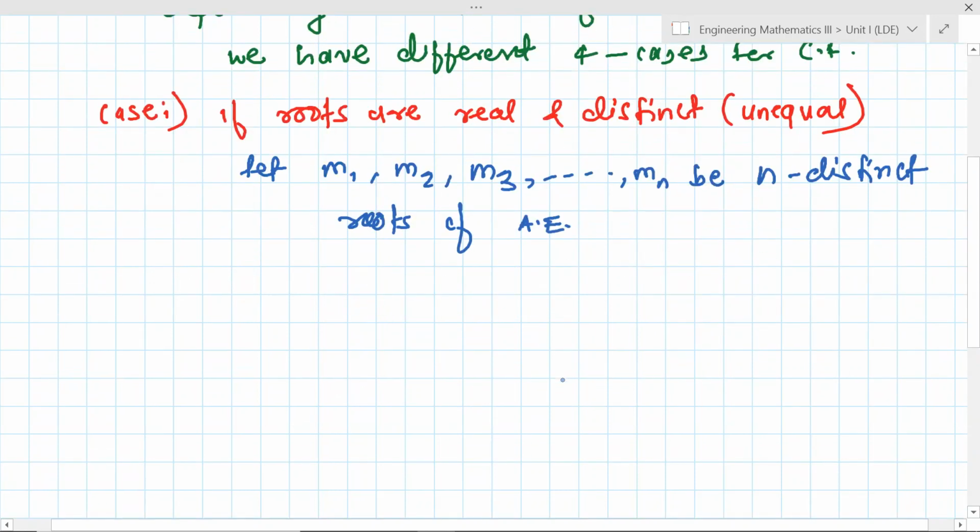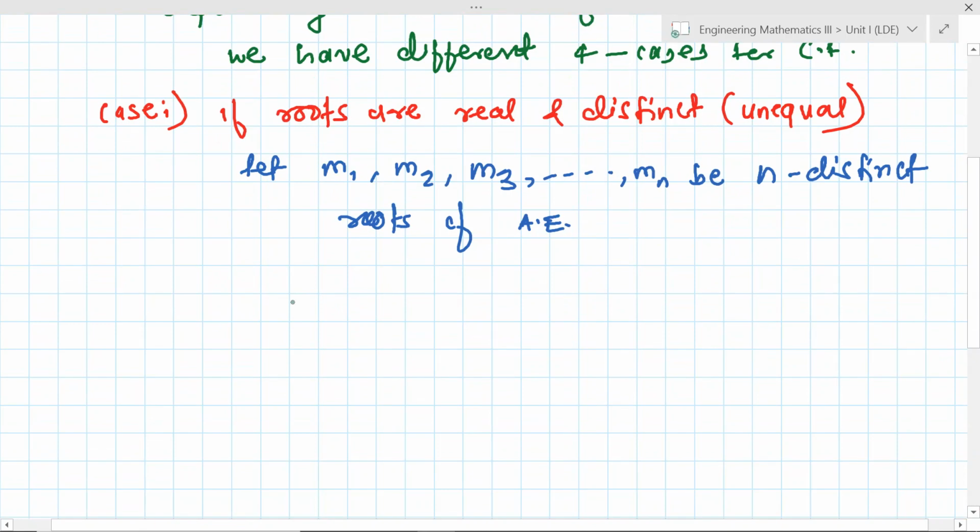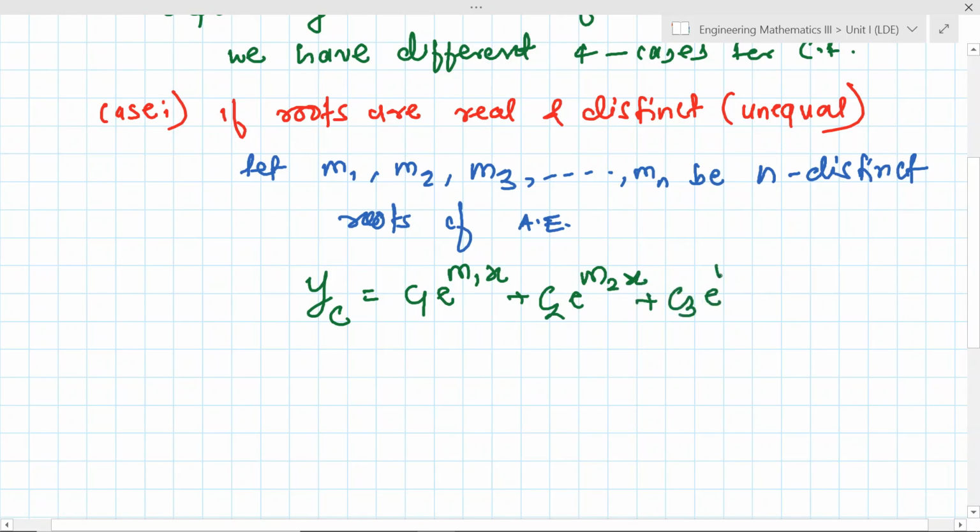Then what is my complementary function in this case? yc is equal to c1 e raised to m1x plus c2 e raised to m2x plus c3 e raised to m3x plus, and so on, up to cn e raised to mnx, where c1, c2, c3 are arbitrary constants. So we just have to replace the values of m1, m2, m3 and mn.